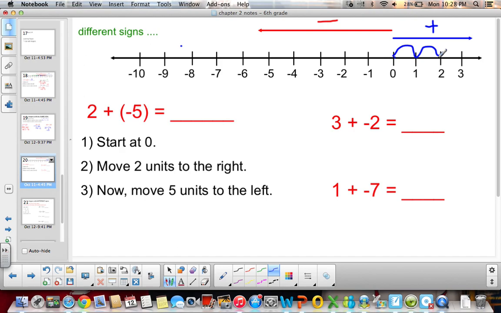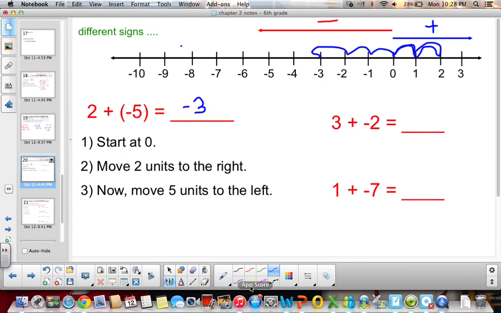So I'm at 2, and then I'm going to go 5 units to the left because it's -5. So 1, 2, 3, 4, 5. And our answer then is -3.